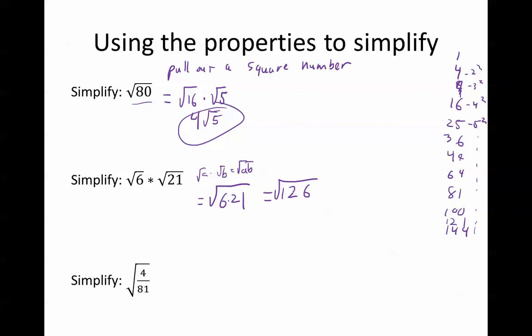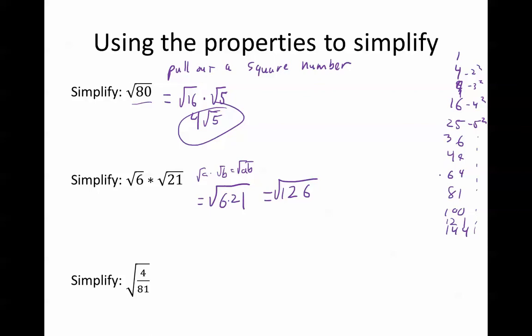Okay, now let's simplify this. Let's go through our list of numbers and find out if any of them are divisible. We'll start high. 121, no. 100, no. 81, no. 64 goes to 128, it's close, but it doesn't work. 49, how does 49 do?